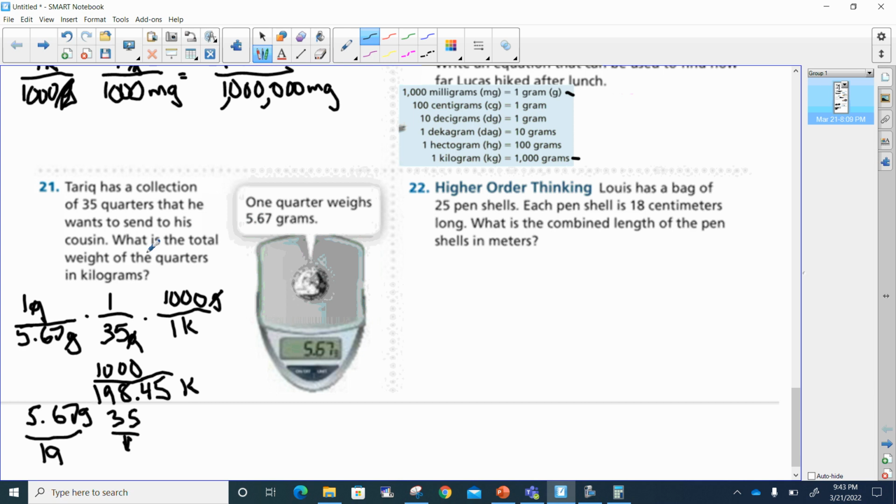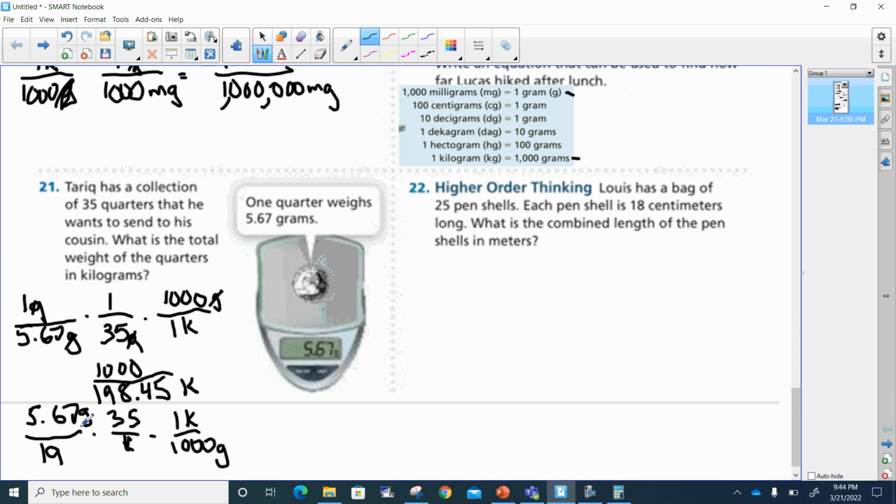And it wants to know what is the total weight of the quarters, so that's the total, I guess you could put it. Put C for collection or T for total. Then we have times 1 kilogram over 1,000 grams.